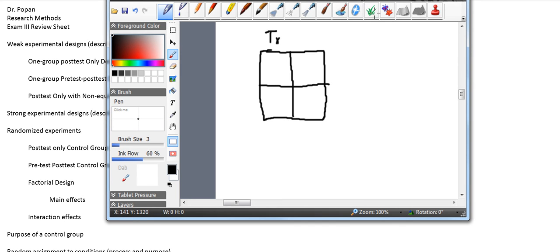Treatment and control, we're interested in that, but we want to see, does it differ for, let's just do something simple, male versus female clients. So this would be an example of what we could call a factorial design. So there are multiple independent variables here. This specifically would be called a 2x2 factorial design.